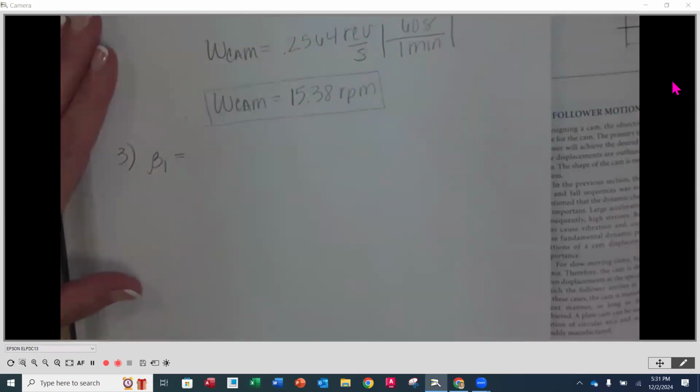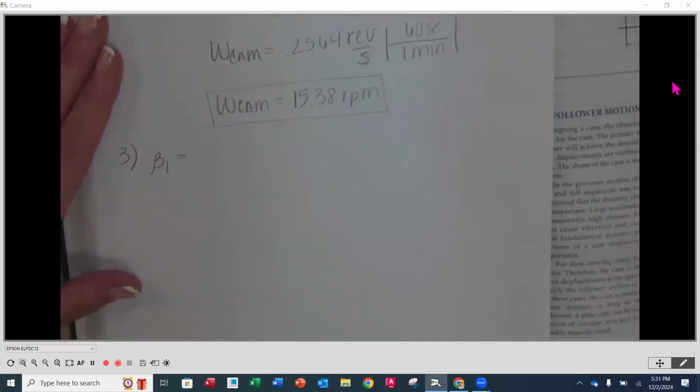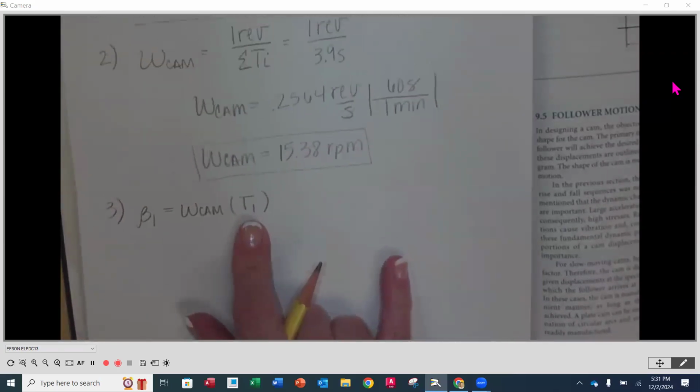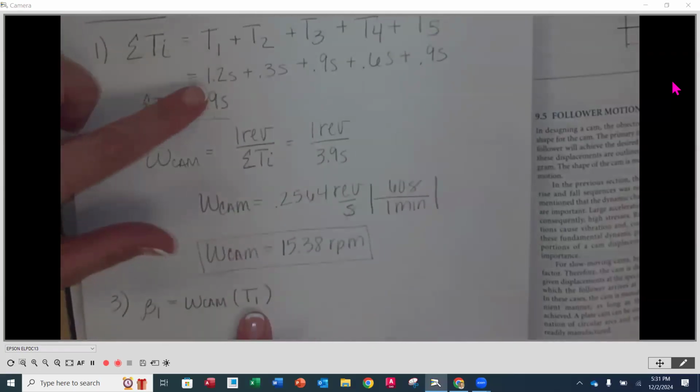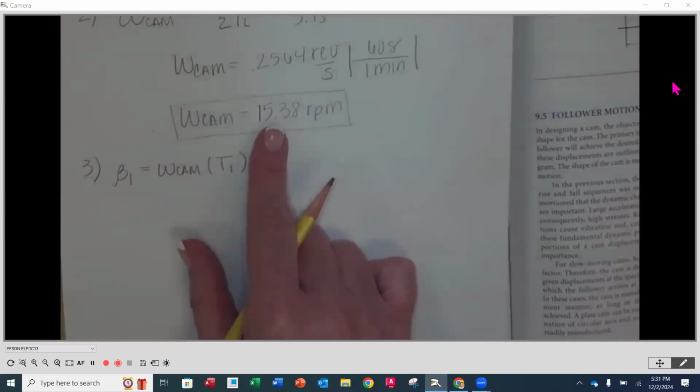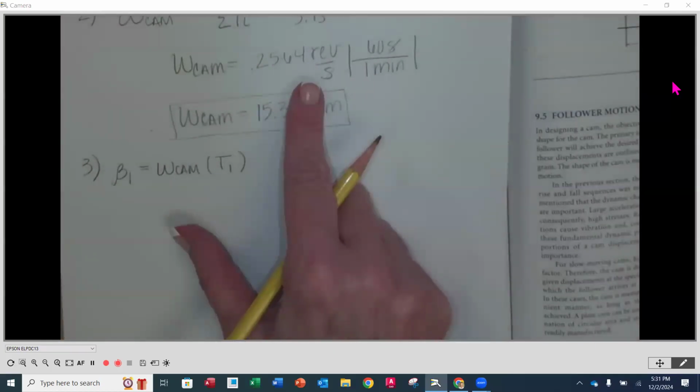So our beta 1, which is the amount of degrees that it's going to take to rise 2 inches in 1.2 seconds, is going to be equal to our cam angular velocity times the corresponding T1, the amount of time for our first step. Now, if we look back up to the top, we know that our times are in seconds, so we are not going to multiply by the RPMs. We're going to multiply by the revolutions per second.